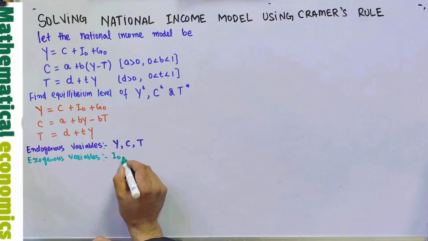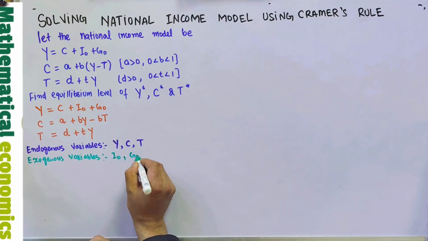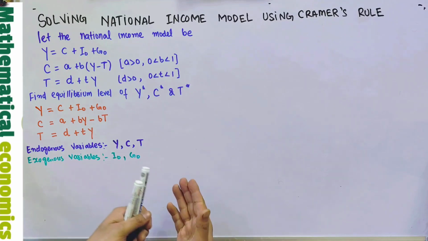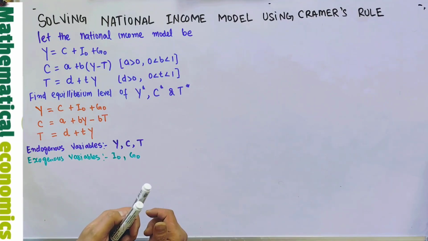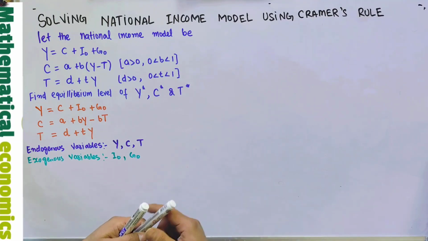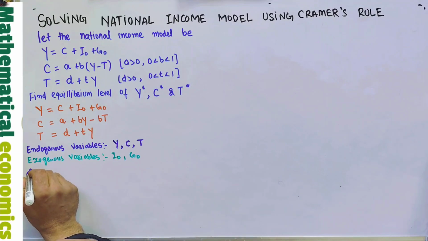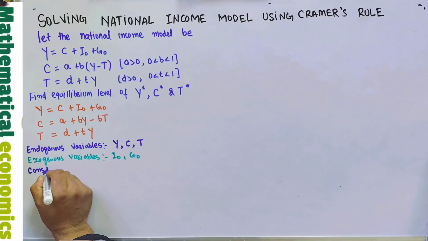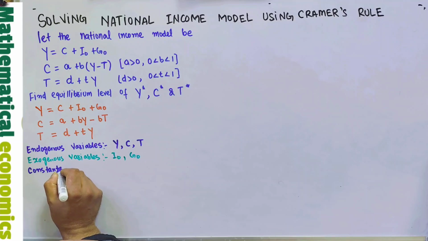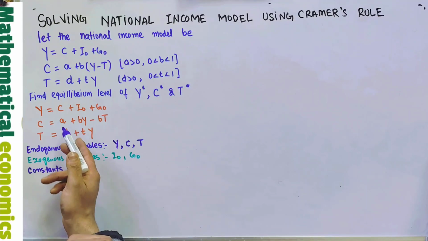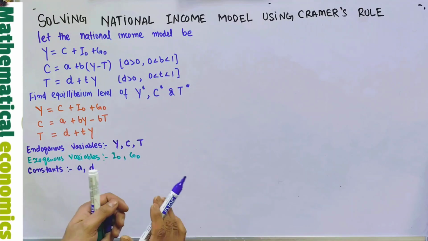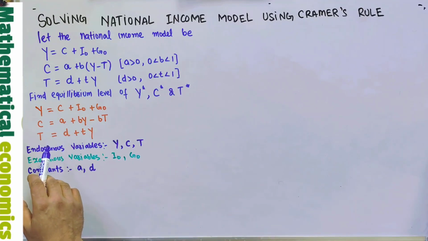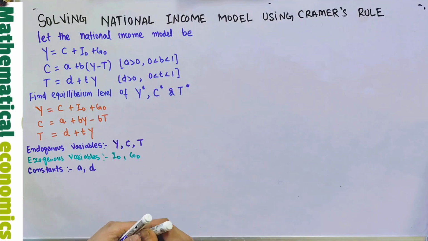This is our exogenous variable, and g naught, the autonomous government spending, is also exogenous. These are fixed or determined outside the model. Similarly, we have some constants here. Our constants are a and d. A is the autonomous consumption and d is the lump sum tax here.